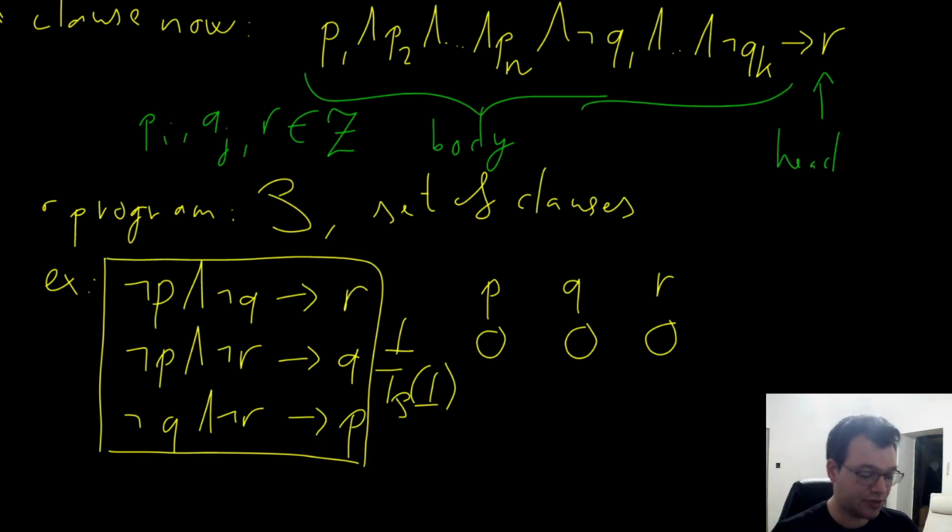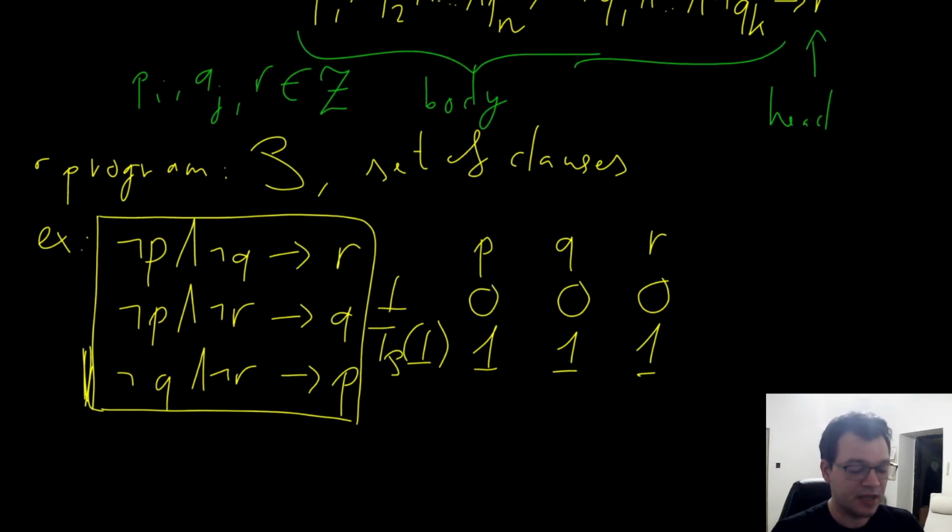There is only one, and we evaluate the body: not Q, the negation of 0 is 1, and not R is 1 as well, so 1 and 1 is 1. Hence we set P to 1. Similarly, we set Q to 1, and similarly R to 1.